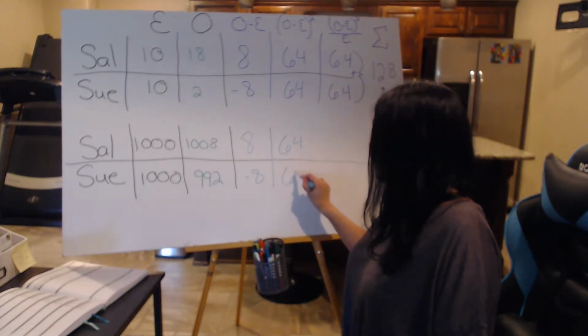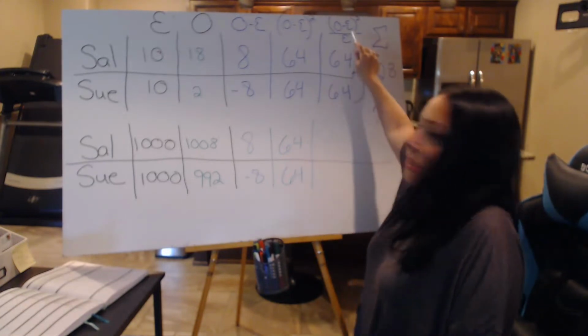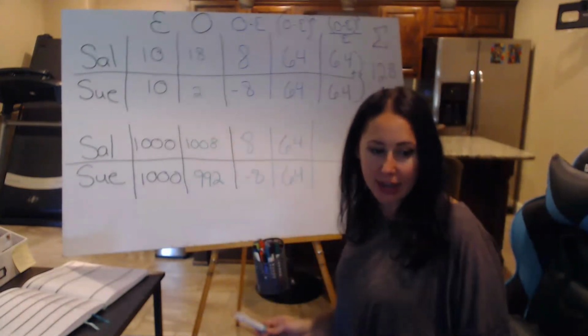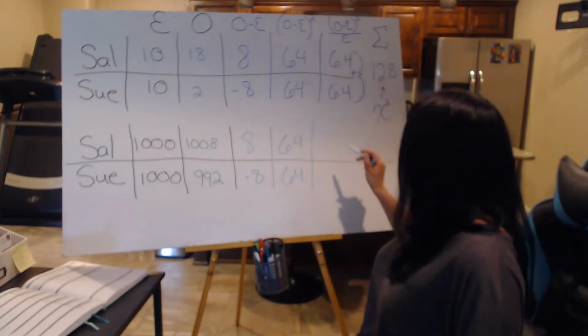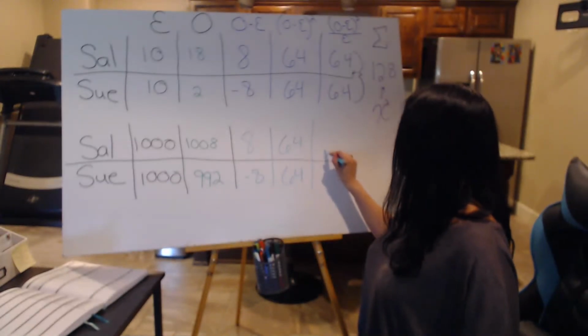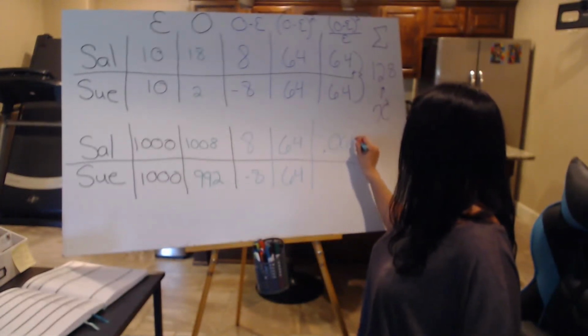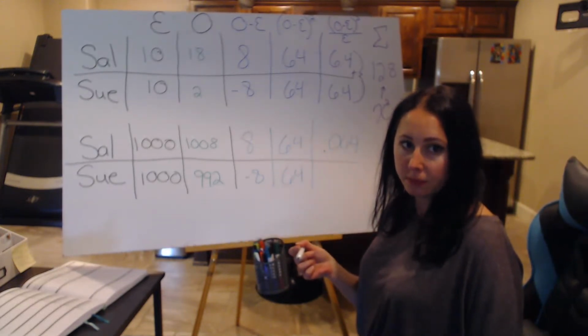This is still going to be 64. I'm not actually getting to the difference until this step where I'm dividing by what I expected, right? Because now, instead of 6.4, this becomes 0.064 when I divide 64 by 1,000.